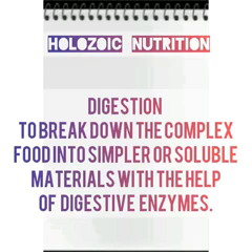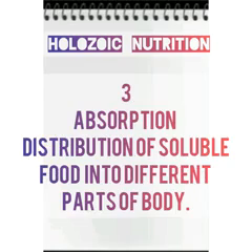Third step is absorption. Distribution of soluble food materials into different parts of the body is called absorption. After absorption, the fourth step is assimilation.